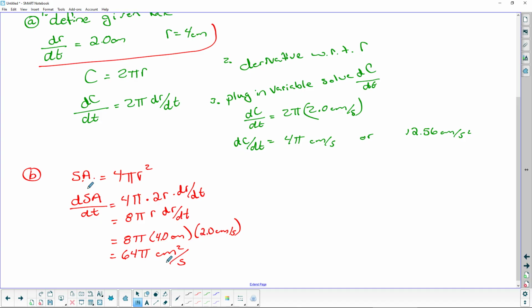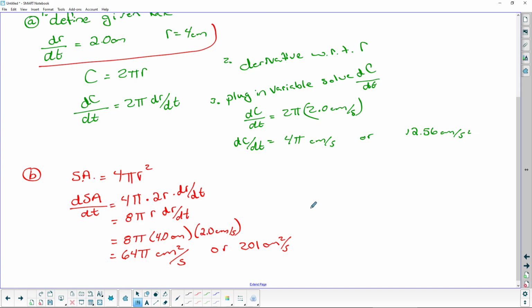So it's about 201 centimeters squared per second. Okay? So pretty easy to do. This really makes it quite easy when we're just having one variable. When we get into cones, it's a little bit more difficult, but that's our first one, which we won't do till Monday probably.